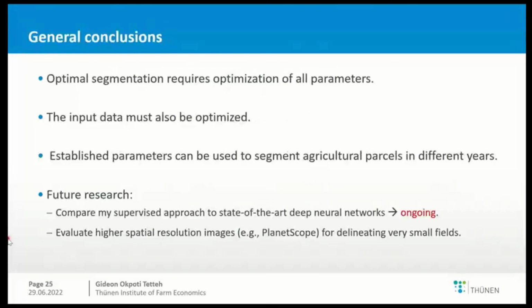My general conclusions are that optimal segmentation requires optimization of all parameters, and the input data must be optimized as well. The parameters which are established can then be used in segmenting agricultural parcels in different years.